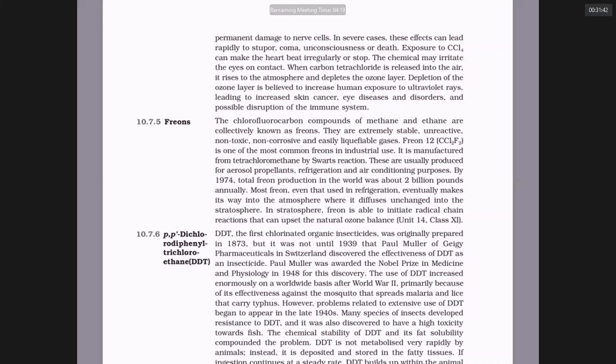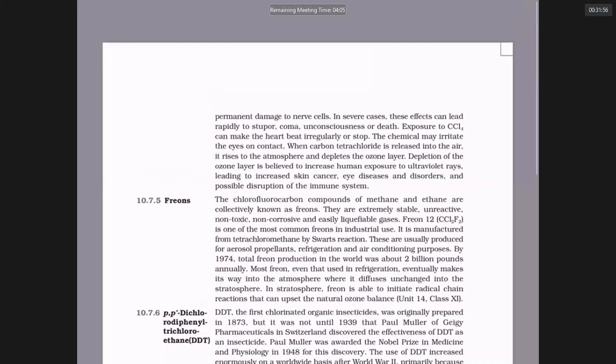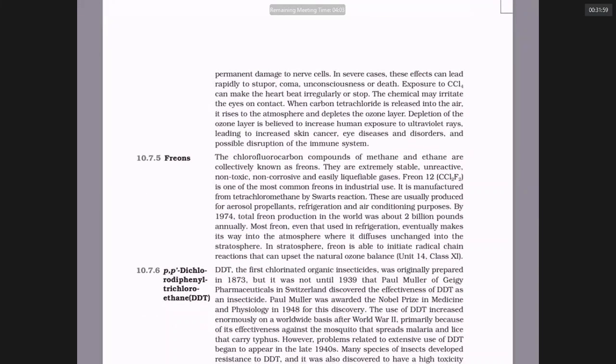So their usage is banned in London. Freons are used for refrigeration. Are you clear about this, sir? Yes, sir. So freons are over. You can make freons from perchloro derivatives by the Swarts reaction.